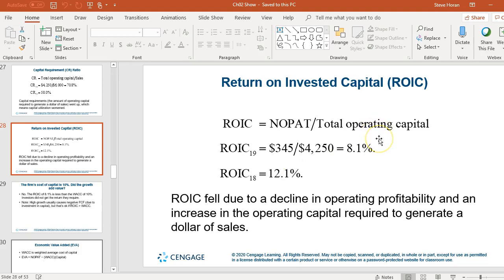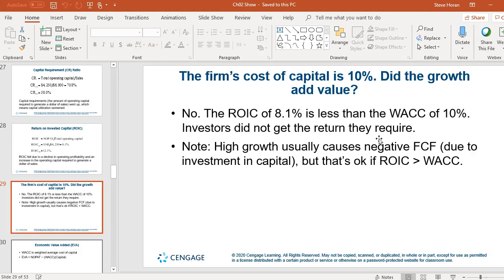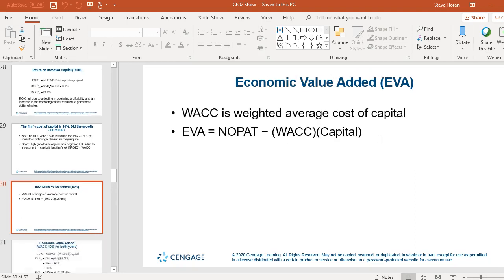But in 19 it went down to 8, when again, my cost of capital is 10. So that tells me I'm losing. I always want my ROIC to be above my cost of capital. And because we had a negative cash flow, that's why it went down. So the investment that we made in our expansion did not work out the way we wanted it to.